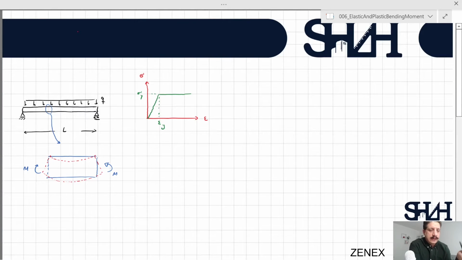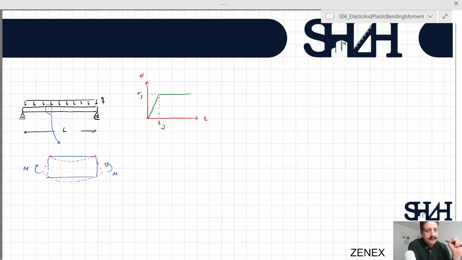So in this calculation, we assume that the beam or the element follows the Euler-Bernoulli hypothesis. It means that the length of the element is quite long compared to its dimension, especially its depth. If the depth is also significant in terms of the length, then the Euler-Bernoulli hypothesis is not valid.